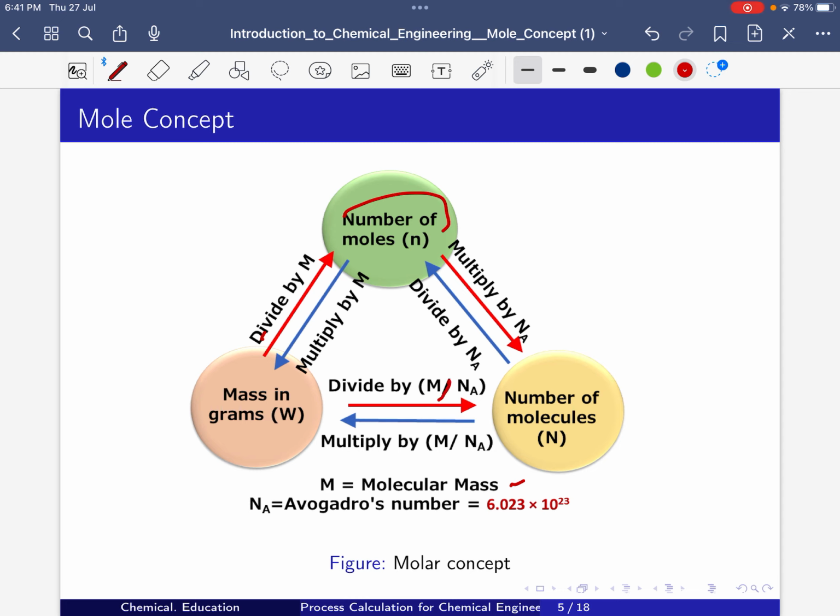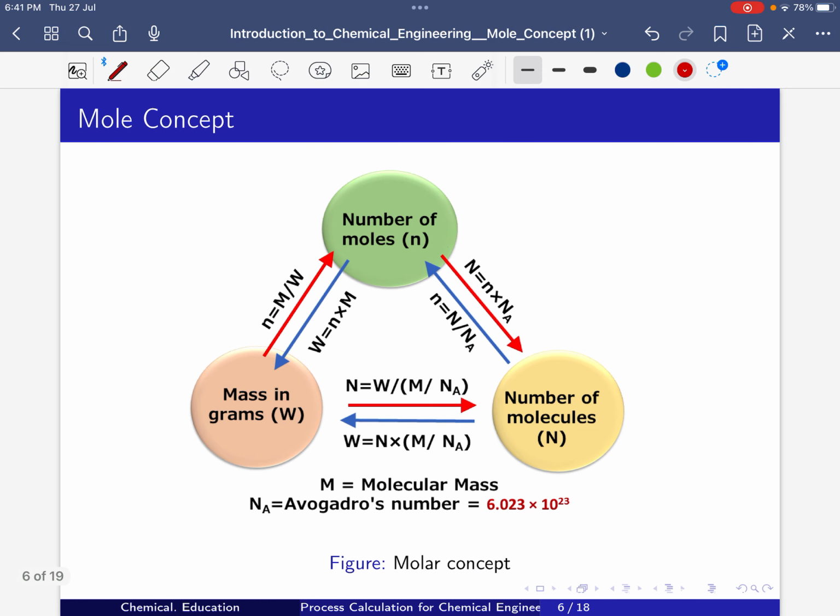Here, if we divide mass in grams by molecular mass and multiply by Na, we get the number of molecules, and if we multiply the number of molecules by molecular mass and divide by Na, we get mass in grams. So this is a very good relation. If we remember it, we can understand many things, and it is required when we do calculations.